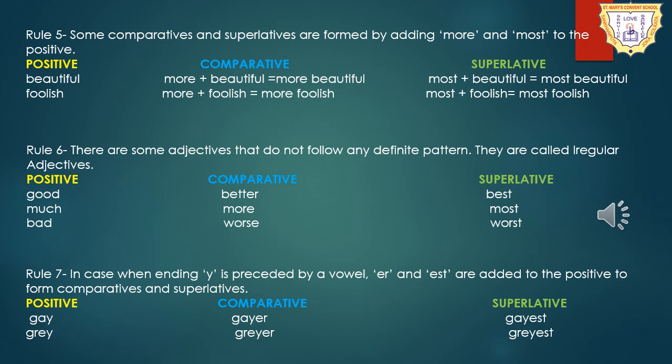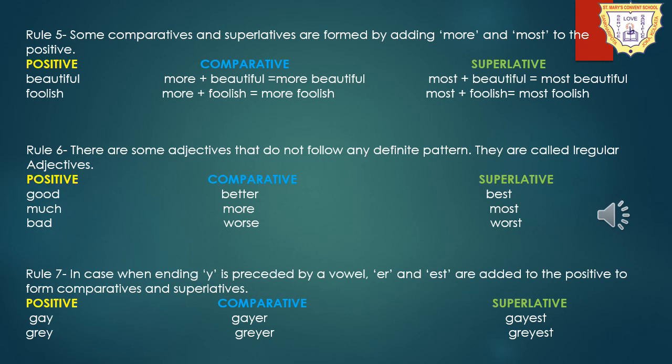Now we come to rule number 7. In case the ending y is preceded by a vowel, er and est are added to the positive to form the comparative and superlative. So, when the word ends with the letter y preceded by a vowel, here we can see the first example, gay.